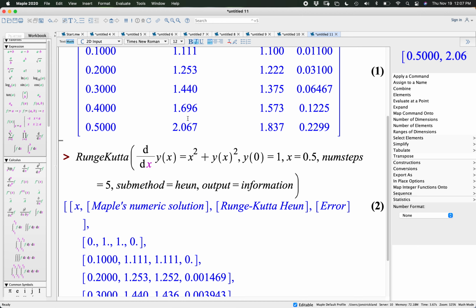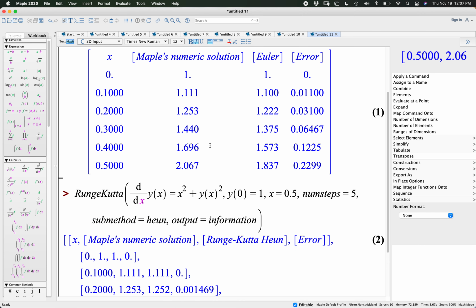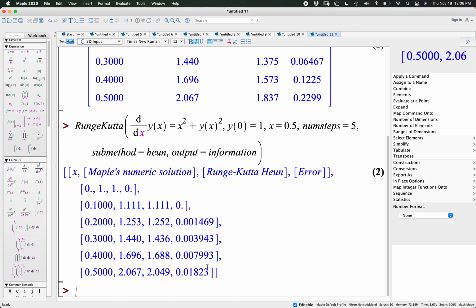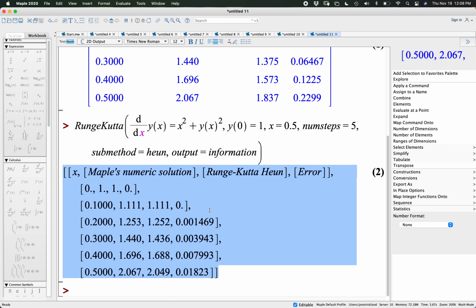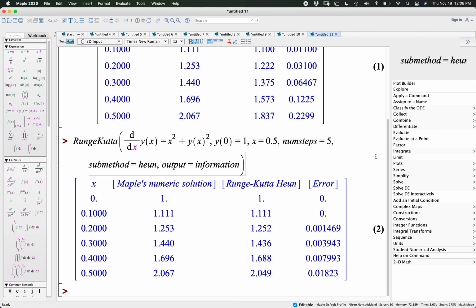So you have for the output Maple's numeric solution. There we go. So for the improved Euler, you have Maple's numeric solution at 2.067, Riccati at 2.049, so we're in closer proximity.